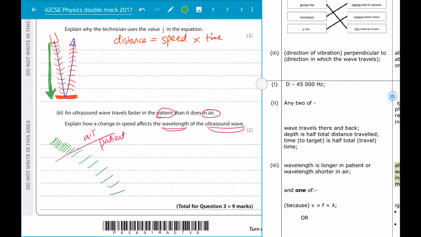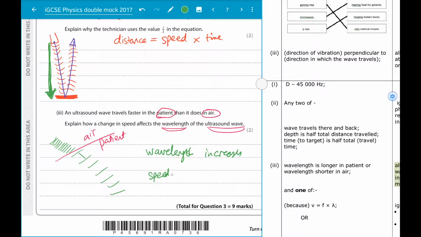So if the waves are going faster, this is because the wavelength has actually got bigger. So the wavelength increases. Another way to think about this is that frequency doesn't change, and we know that the speed of waves equals the frequency times wavelength.